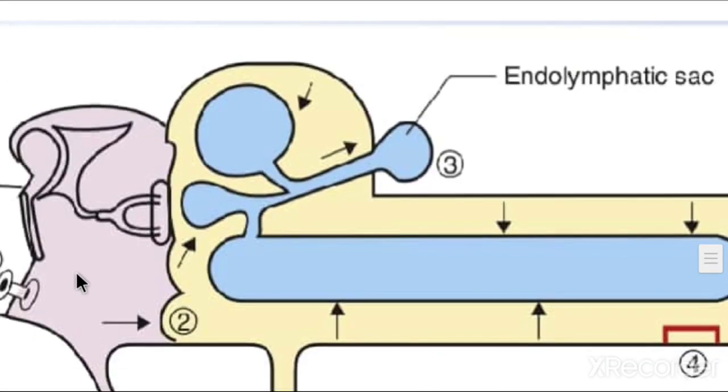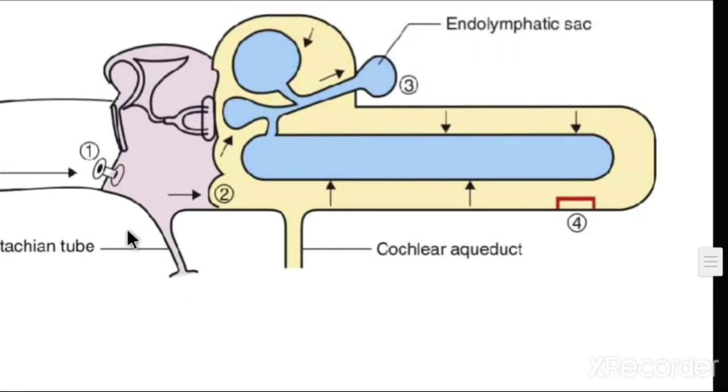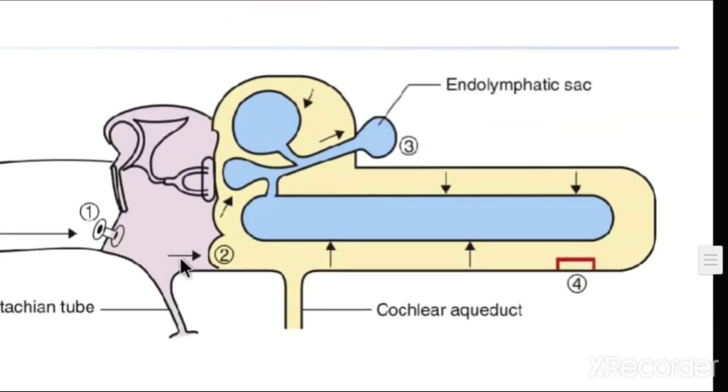Now this is the figure of the Meniett device. In Meniett device insertion, there is a grommet, which presses on the round window so that there is compression of the perilymph and the endolymphatic membrane gets compressed, so there is slight release of pressure.